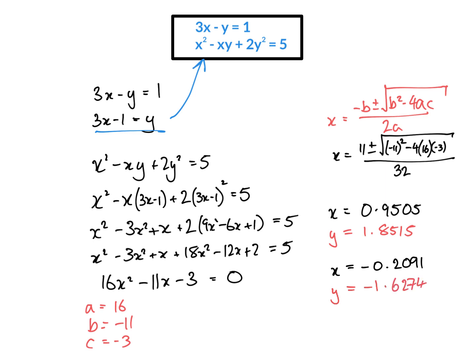And I've given those answers just to 4 decimal places, but you can give that to any degree of accuracy that you're asked for, be it 2 decimal places or 3 significant figures. We could round them at that final stage, but these would be our sets of solutions. 2 sets of solutions, each with an x value and a y value. And so we have solved this set of simultaneous equations.